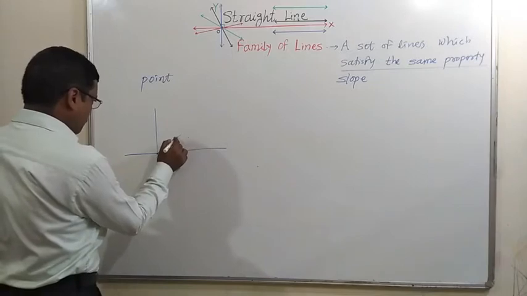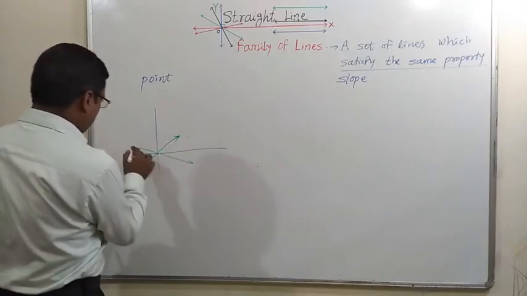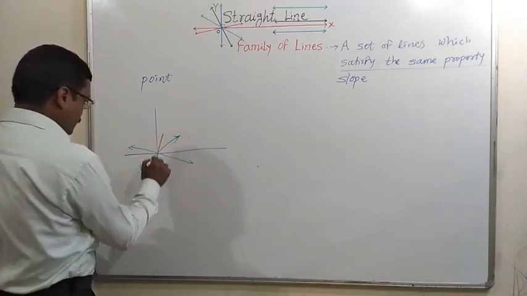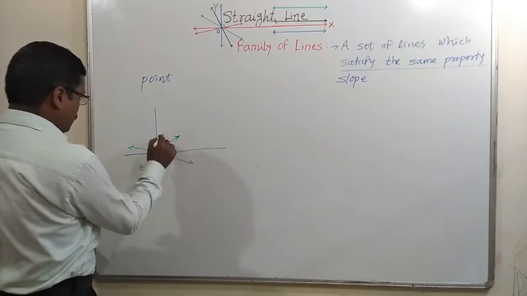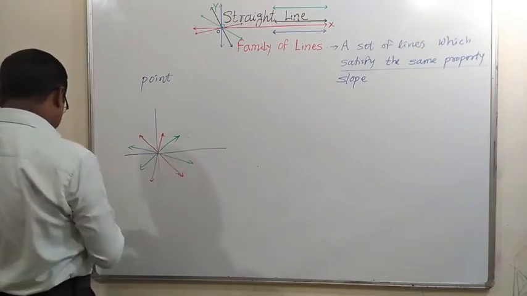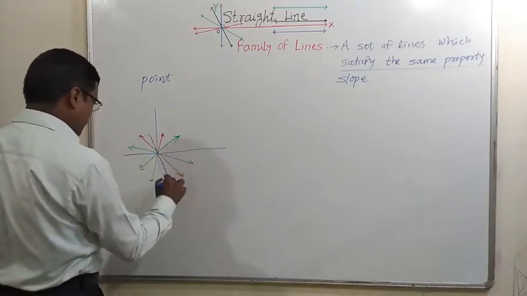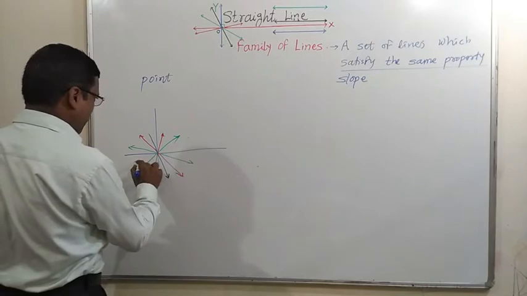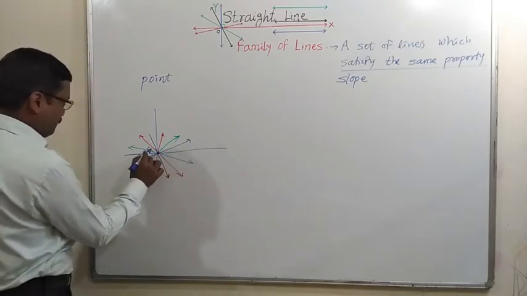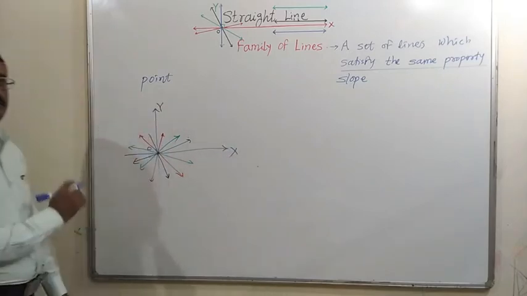This is a line which passes through origin, this is another line, and this is also a line which passes through this origin.